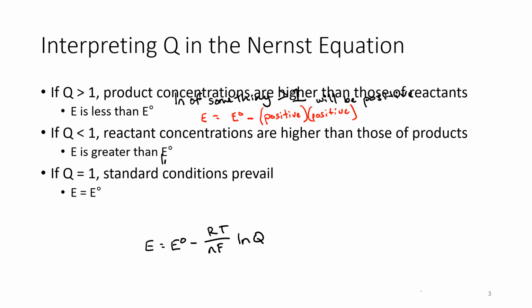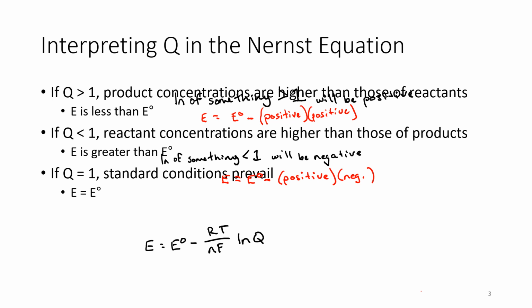If we take the natural log of something less than 1, that's going to be negative. So our E is equal to our E naught minus our RT over NF, which is a positive value, times something negative.